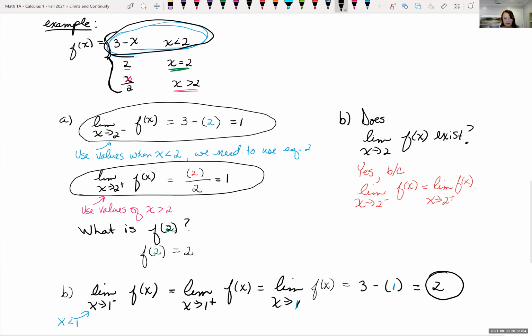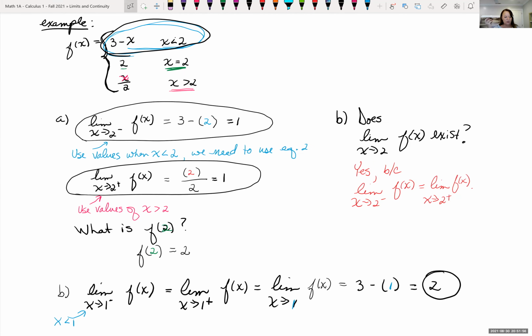So if you're looking at limits of a piecewise equation, really the only pieces you have to be careful of is when the inequality changes, our equation changes. The other thing that we had seen is if our domain doesn't include something to the left or the right of our x values, then we would have just a one-sided limit, and that is okay.